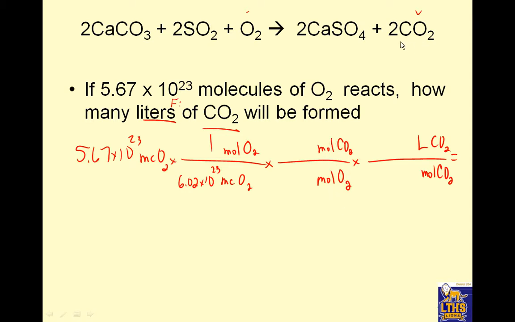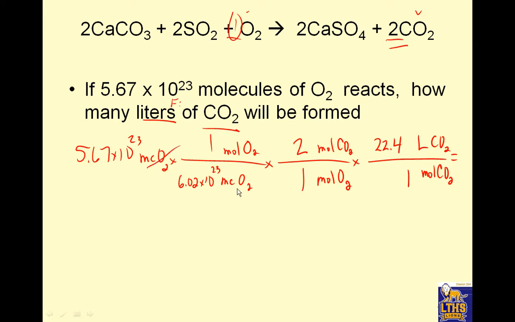Moles to moles uses coefficients. So a 2 for oxygen and a, hey, there's nothing there for carbon dioxide. You're right, it's a coefficient of 1, so there is something there. And then this is back to the definition of moles: 1 mole equals 22.4 liters, because this is carbon dioxide.